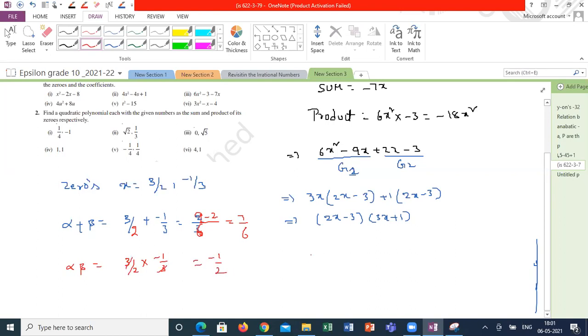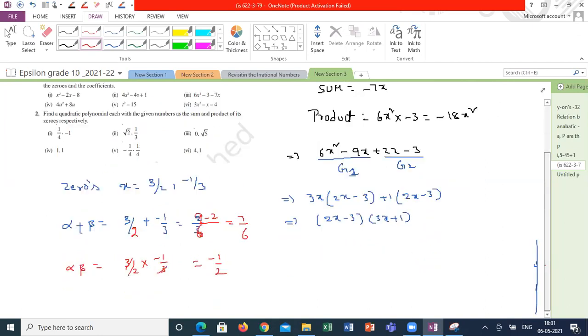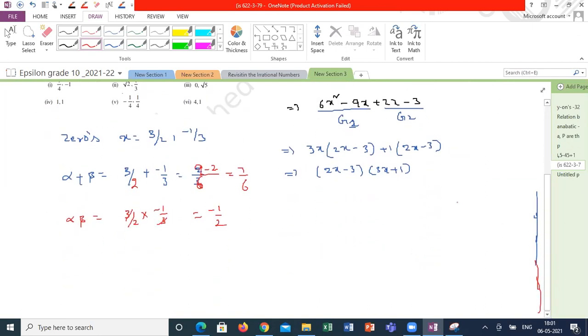So this is a direct method, like calculating the zeros, and I am doing sum and product. The given question is 6x square minus 7x minus 3, where a is equal to 6, b is equal to minus 7, c is equal to minus 3.